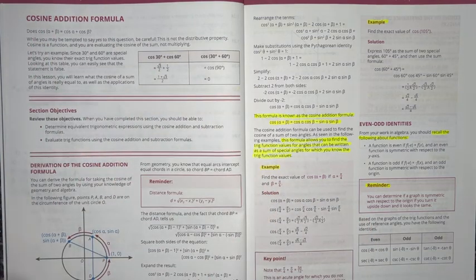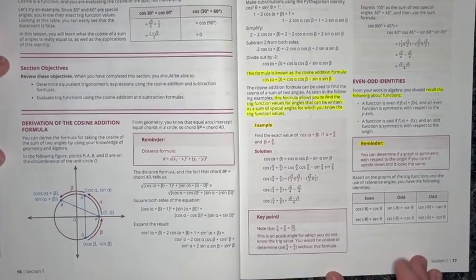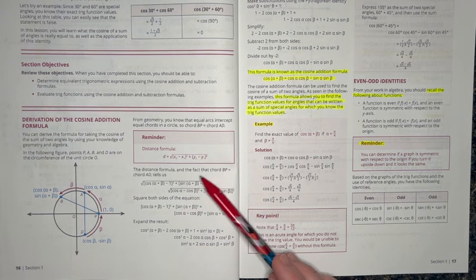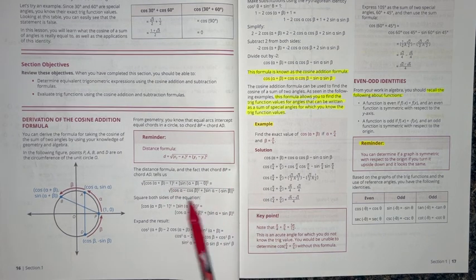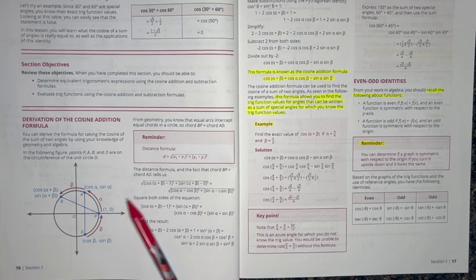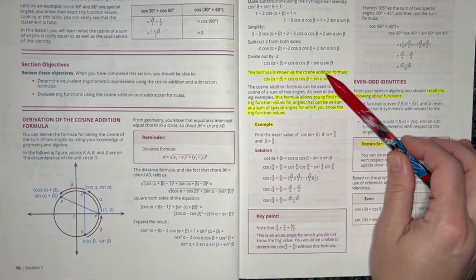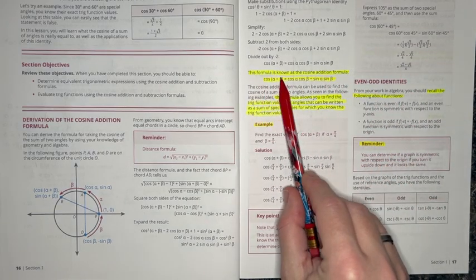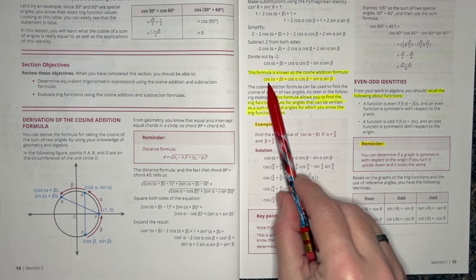Now, there's a lot of information here on this page about how this formula is derived using the distance formula and a lot of, not complicated math, but math I know that if I try to read out to you, I will just stumble over it for the next couple of minutes. So I'm not going to read out everything that is happening here, but we are going to jump to right here and see that this formula is known as the cosine addition formula.